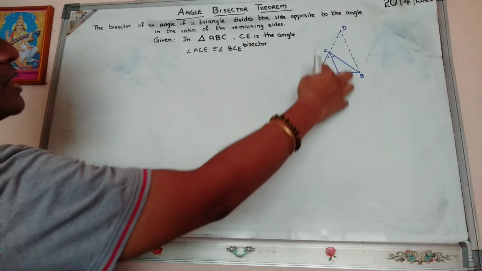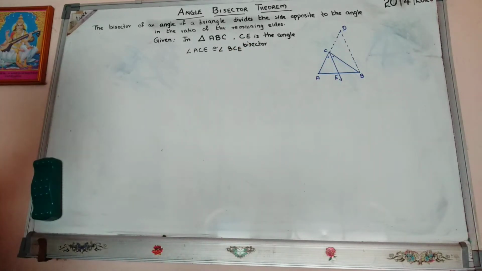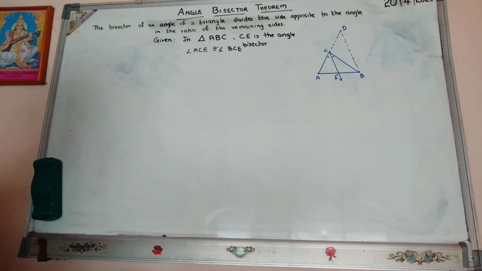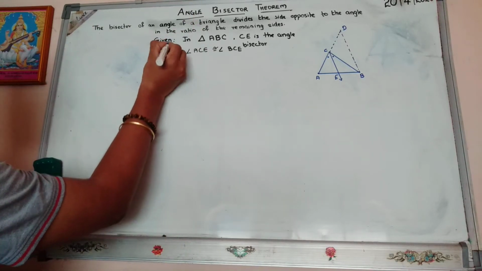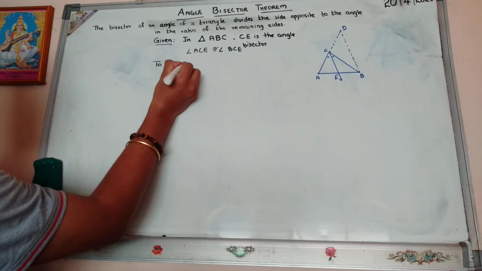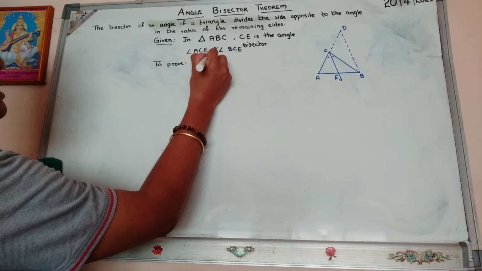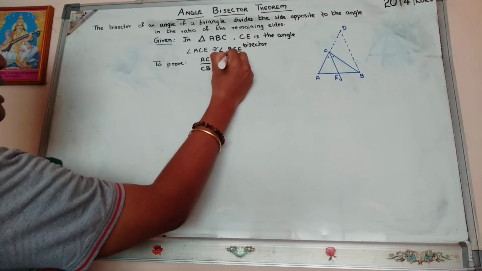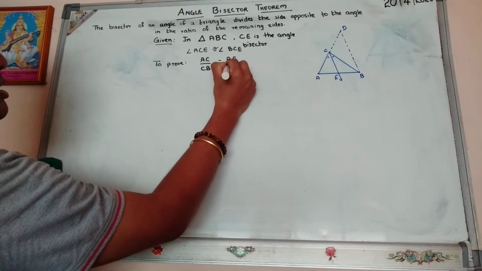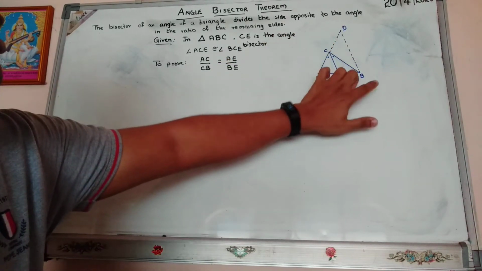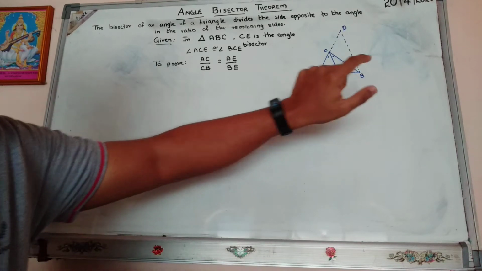Keep this in mind. It's an angle bisector. It divides an angle into two equal parts. That's the given part. To prove: AC upon CB is equal to AE upon BE.